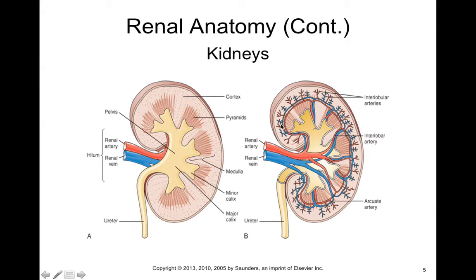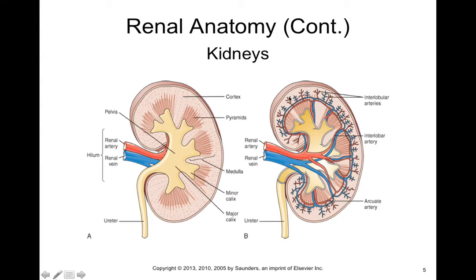These arcuate arteries wrap around the boundary between the cortex and medulla. Coming off the arcuate arteries, we find the cortical radiate arteries, and these will project up into the cortex, and they have branches coming off, which we have the afferent arteriole, which serves the glomerulus of the nephron.